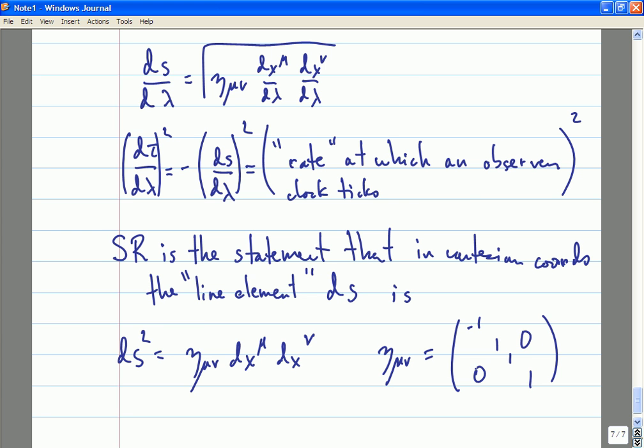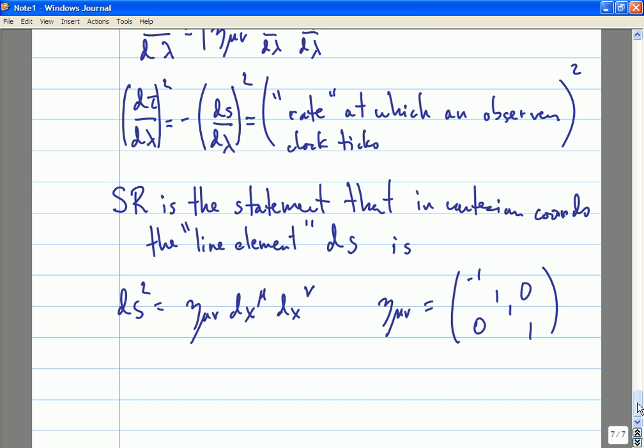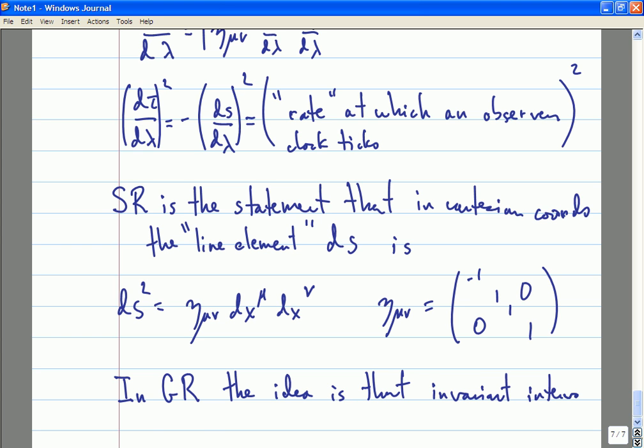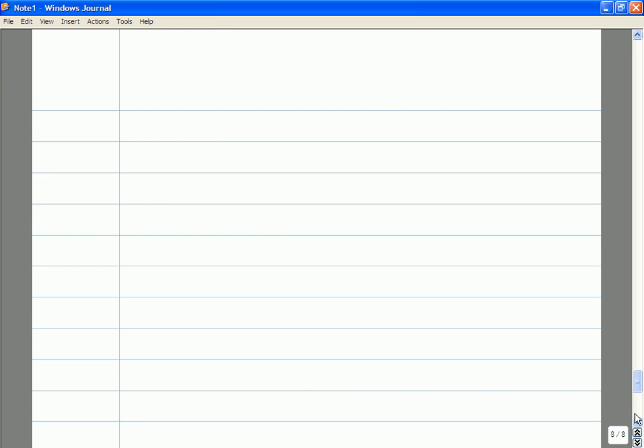And the basic idea of general relativity is the following. In general relativity, the basic idea is that invariant intervals are measured using a line element that, again, one integrates to obtain an invariant interval.